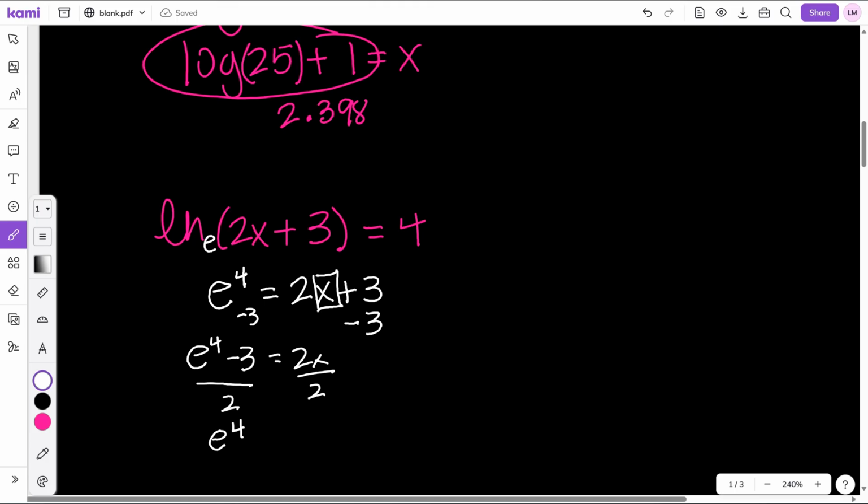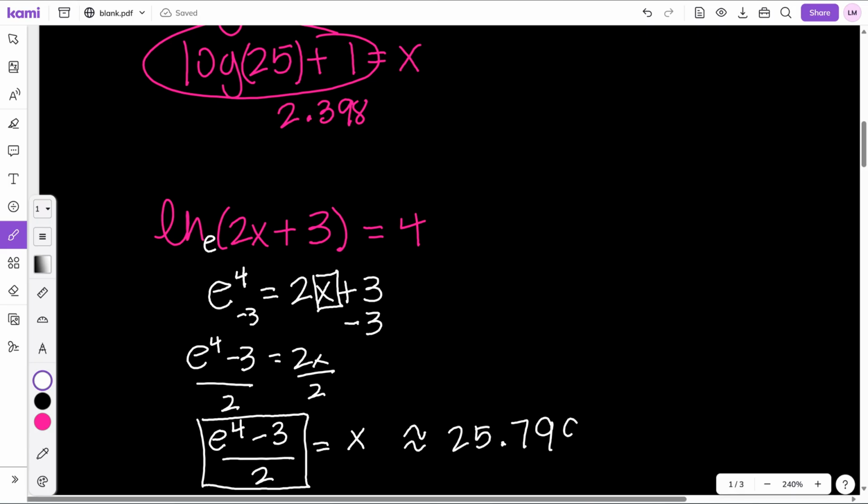Remember, e is 2.718, and it's irrational, so it keeps going, but I can just use the e button on my calculator. So I'm going to take e to the 4th minus 3 and then divide all of that by 2. We should get about 25.799.